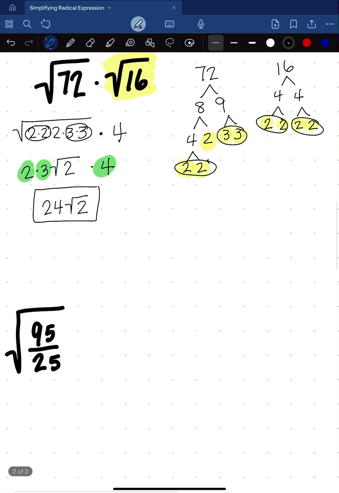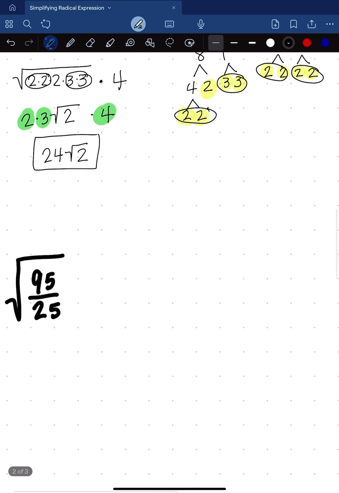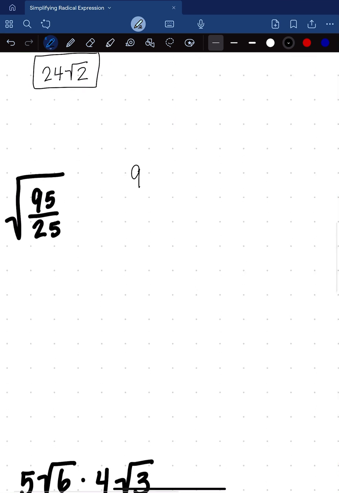I'm going to do the same thing as I did up here, prime factoring my 2 values. So I have 95 and 25. Since 95 ends with a 5, I know I can do 5 times some value. 5 goes into 95 19 times, so I have 5 and 19. 19 is a prime number, and 5 is a prime number.